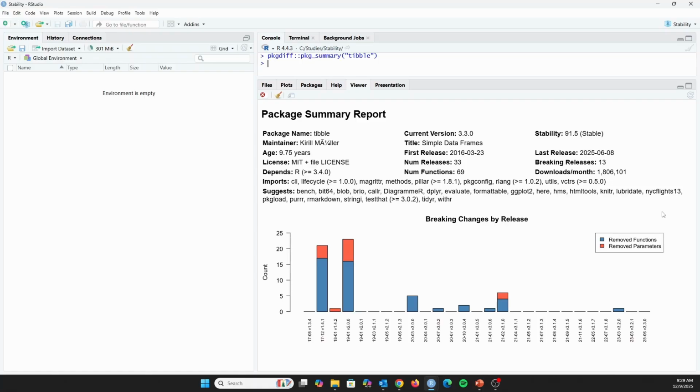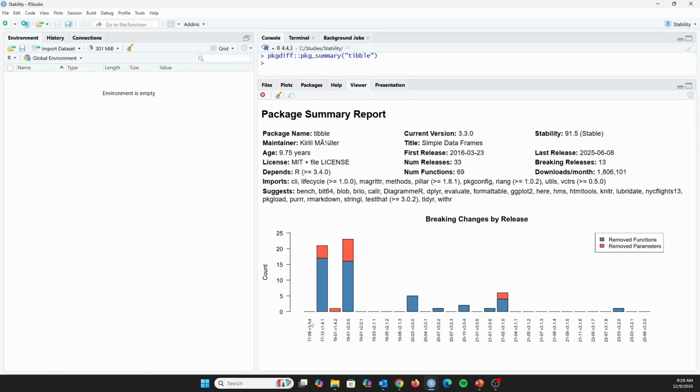And what this is showing us is the breaking changes for the whole history of the package, or most of the history of the package, at least the last 10 years. The x-axis of this chart is each release. So this is the release from August 2017, version 1.3.4.